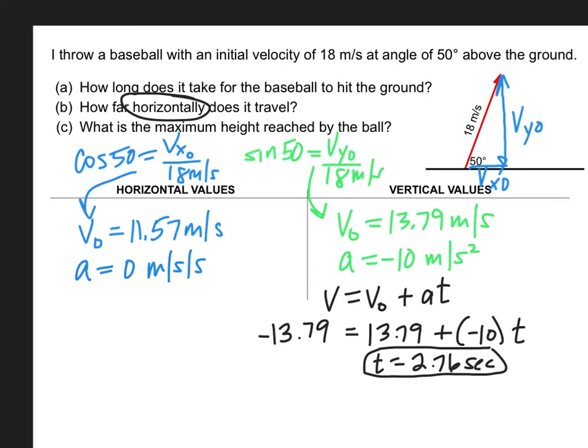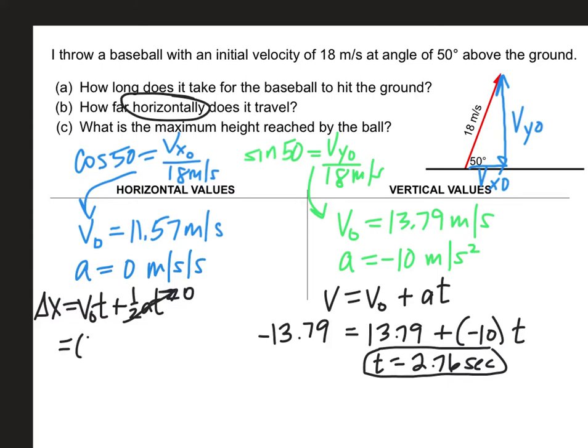So now we'll switch gears and we'll use the horizontal information. We're looking for a distance, so we're going to have to use the distance formula. So delta x is going to be v sub o t plus 1/2 at squared. And again, now we're looking at this horizontal direction. Our acceleration is 0, so that means this whole term is going to be 0, and we're just thinking that distance is this horizontal velocity times time.